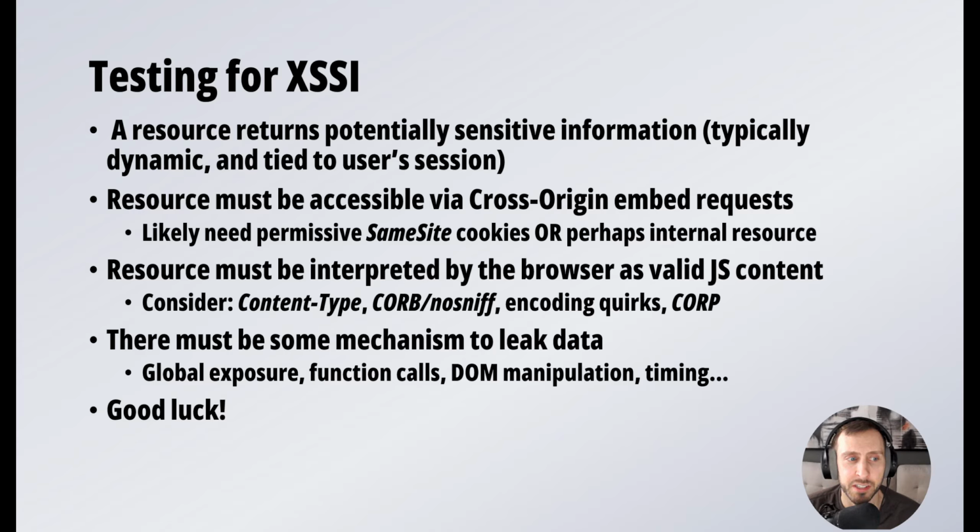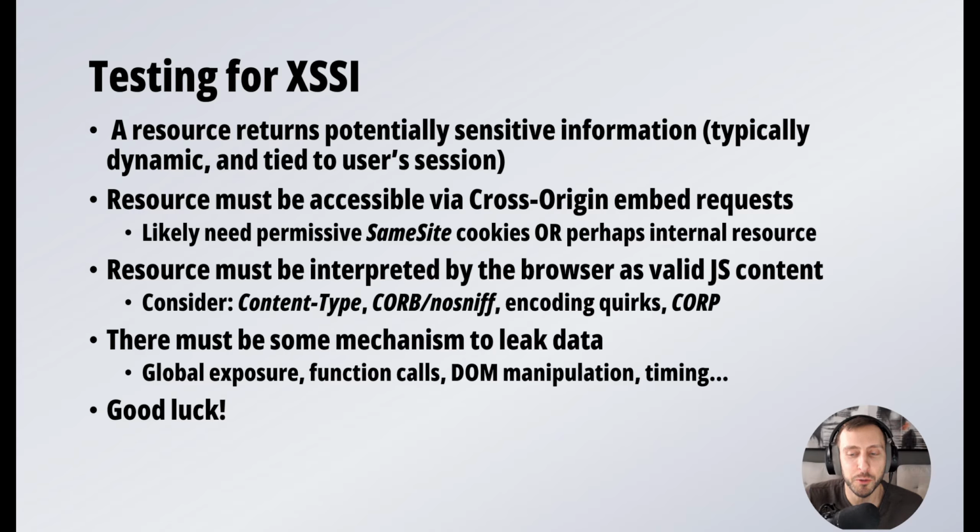In addition to containing sensitive information, obviously you must be able to embed it cross-origin as well. And the trick that you're trying to play, if you're working with non-JavaScript, is to trick the browser into interpreting it as JavaScript. So consider the resource and how it sets the content type, what the configuration of CORP or nosniff is, whether there are any encoding quirks, and you also, in that resource, then need a way to cause some type of data leak, right?